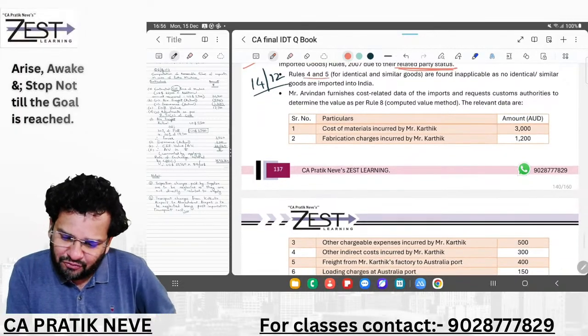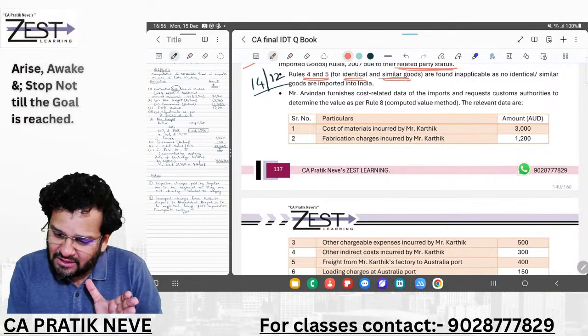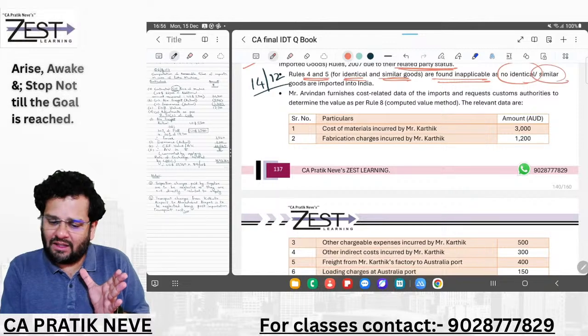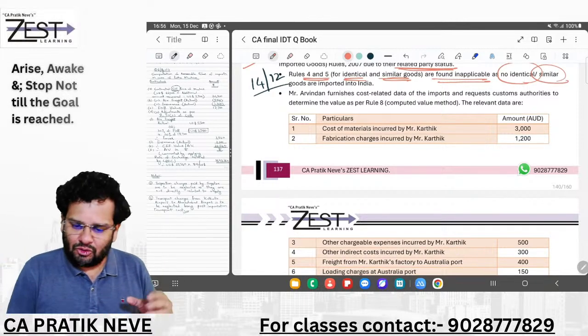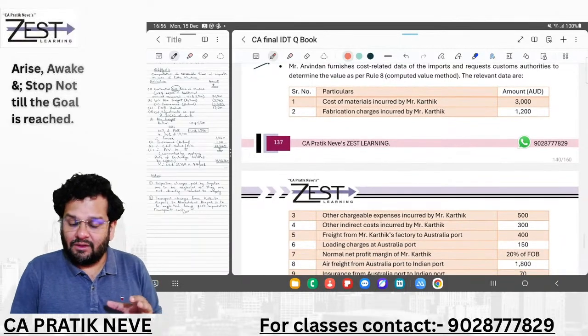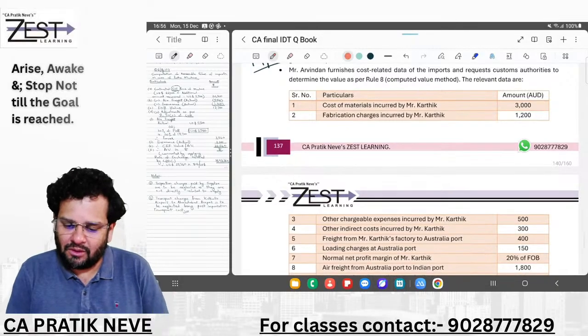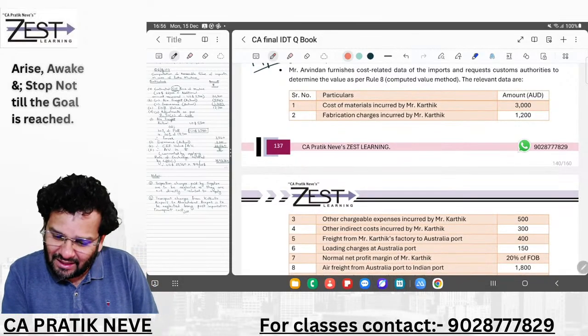Rule 4 and 5, meaning identical goods and similar goods, are found inapplicable because there are no identical or similar goods imported into India. So forget 4 and 5. Now they are telling you the value is to be computed as per which rule. Arvind then furnishes cost related data.